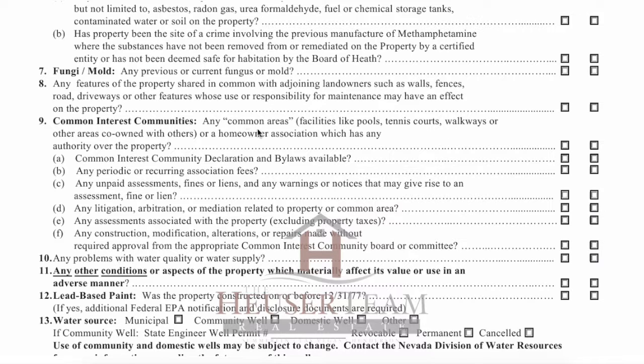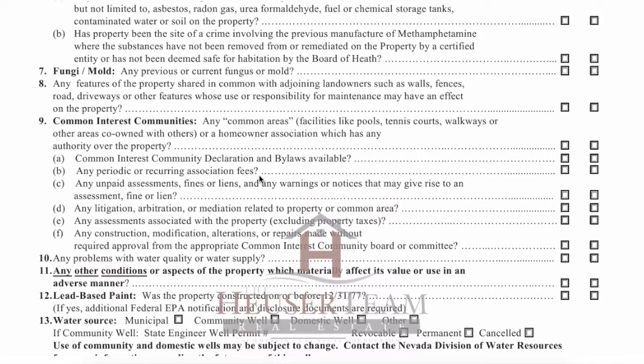It says, are any common areas like pools, tennis courts, walkways, or other areas co-owned with others. So obviously if you mark yes, because in Las Vegas there's a lot of homeowners associations, then you would simply drop down below to page 3 and put the name of the homeowners association and the monthly fee. If there's 2 homeowners associations, then you would put both there.